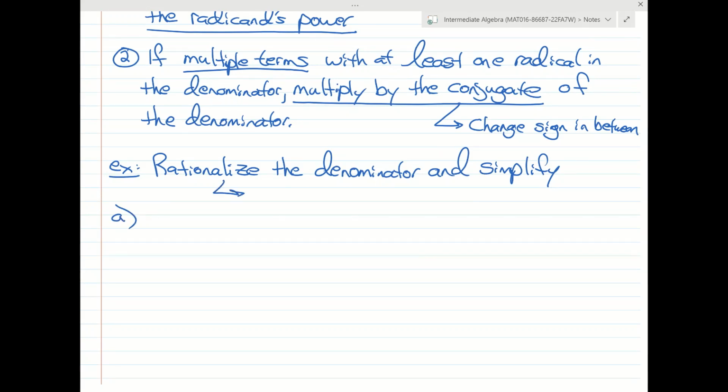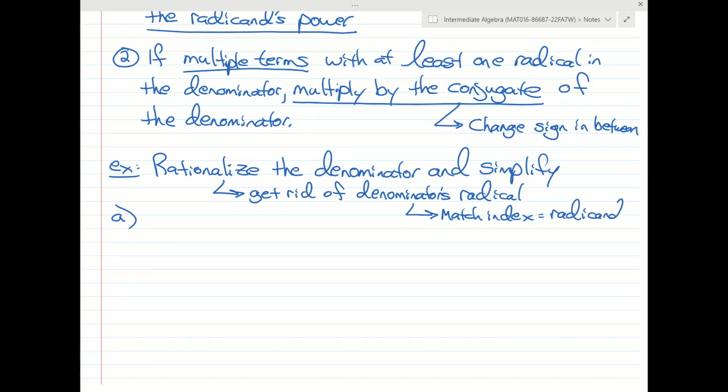What rationalize means is get rid of the denominator's radical. And how we do that is we match the index with the radicand. So a lot of English here. I'll show you what this looks like with math.